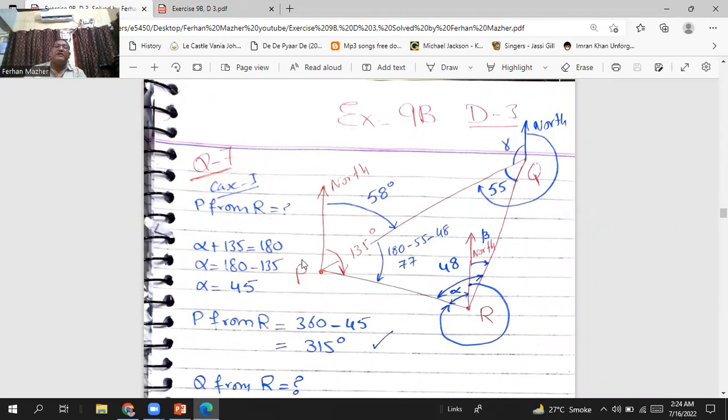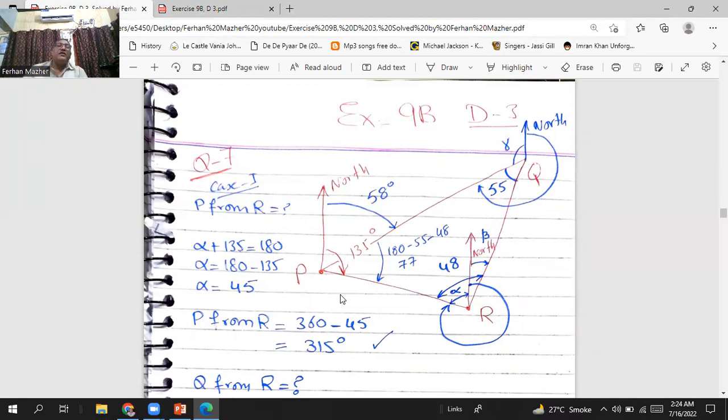So start the diagram from the P. On the P, I draw north. From that, I check how much the 135 will be. So draw a line PR, and this is a 135 angle. Approximately 135, I have drawn this diagram freehand.